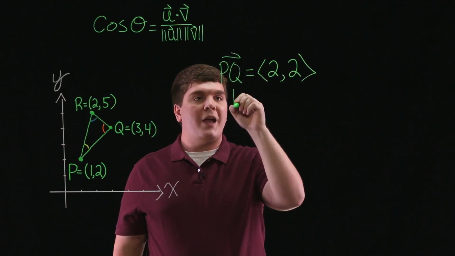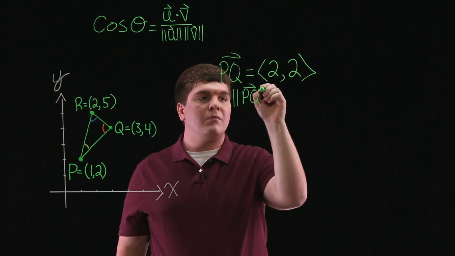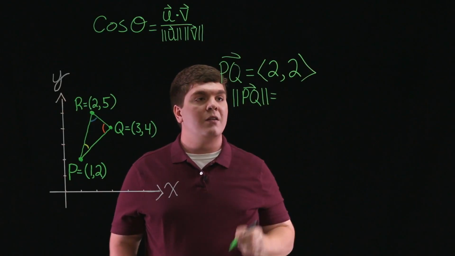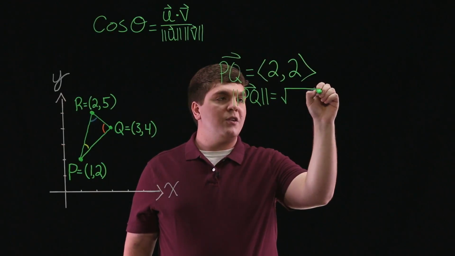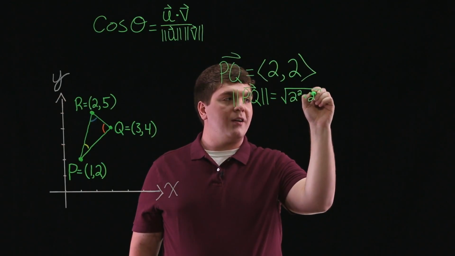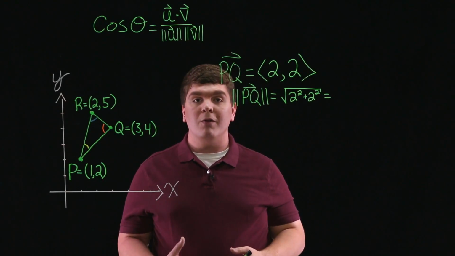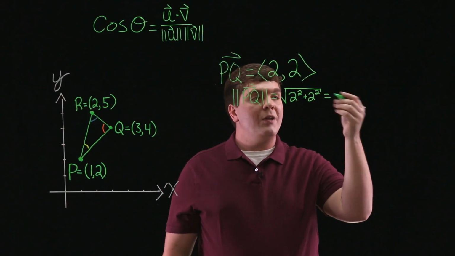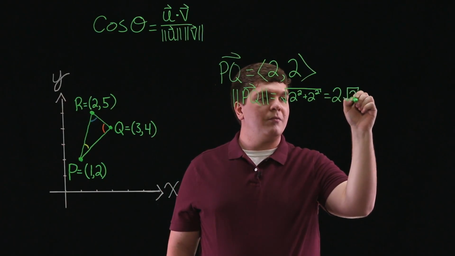Let's also find the magnitude of our vector PQ. Recall, the magnitude of PQ is the square root of 2 squared plus 2 squared, which is the square root of 4 plus 4, or the square root of 8, which simplifies to 2 times the square root of 2.